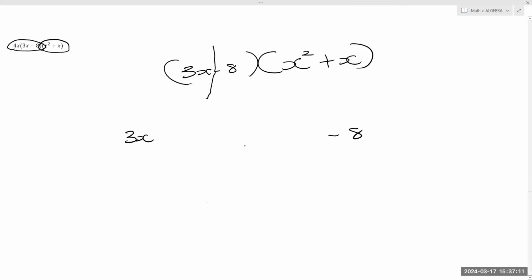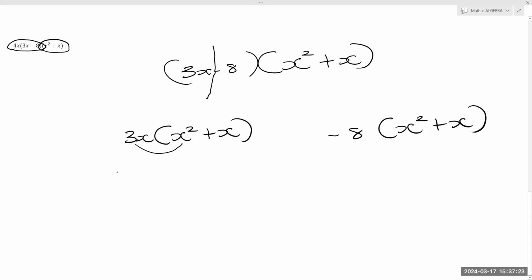Okay, let's go. So now we have x squared plus x here, and we also have x squared plus x here, which is great. Let's multiply. So we have 3x times x squared. That will be 3x cubed. 3x times plus x will be plus 3x squared.